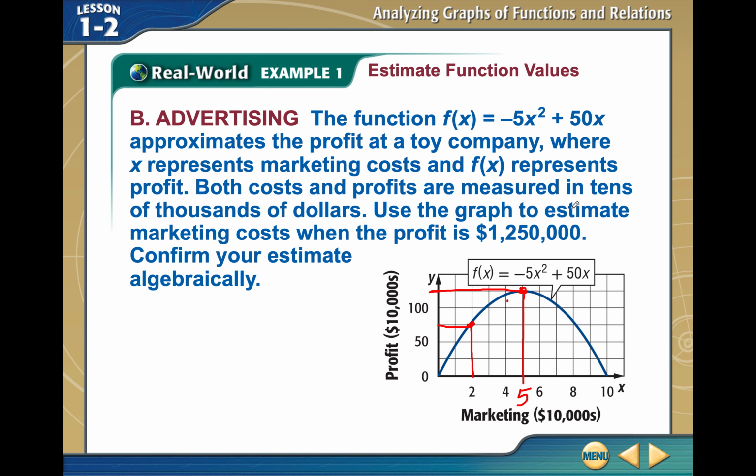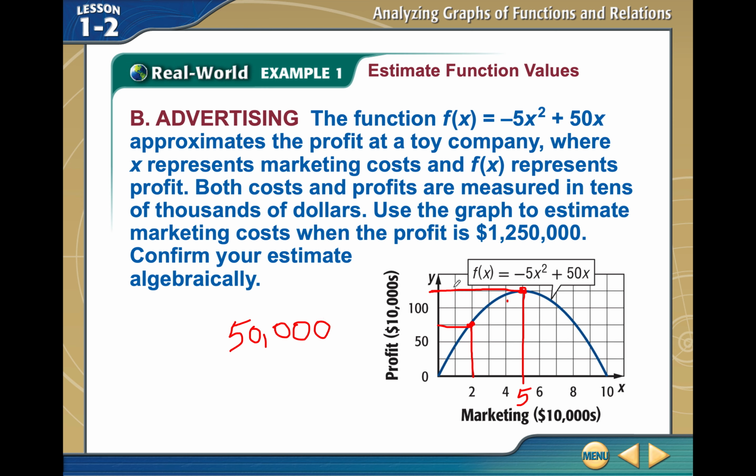So, as an estimation, a profit of $1,250,000 would give us a cost of $50,000 in marketing. Okay, so we have found it. This is not very accurate, but this is an estimation.